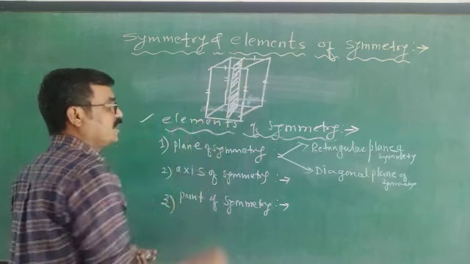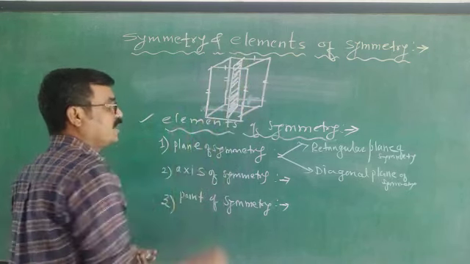Now suppose in this cubic crystal, these opposite corners are joined to form this plane. The plane passing through the diagonal cuts the crystal into two equal halves which are mirror images. Such a plane which is passing diagonally is called a diagonal plane of symmetry.